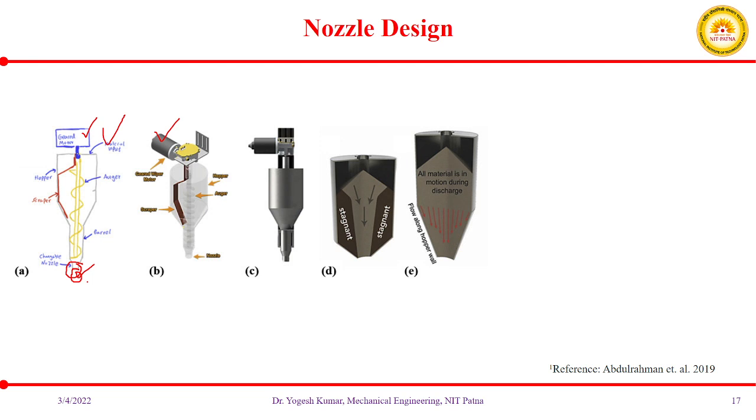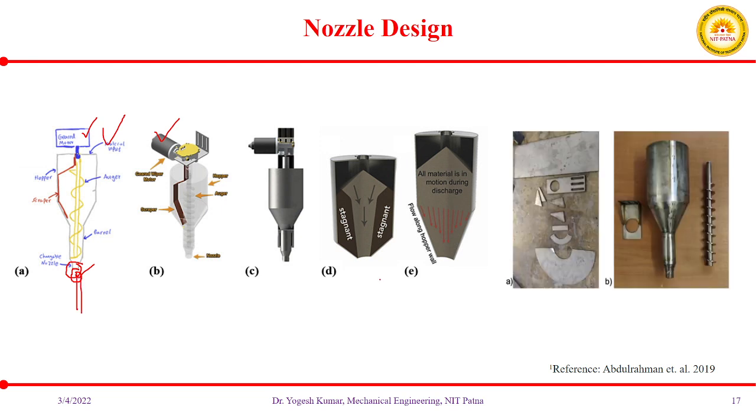So these are a few arrangements related to your nozzle, and the ultimate aim is that the material should come out of your nozzle tip. There are some more arrangements you can see here, actual diagrams.